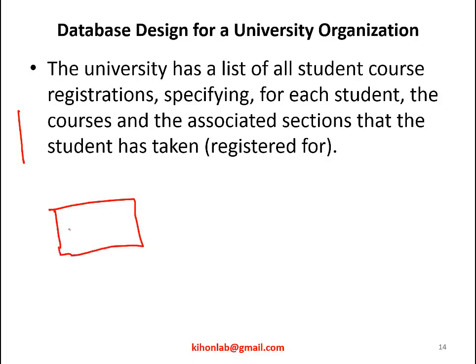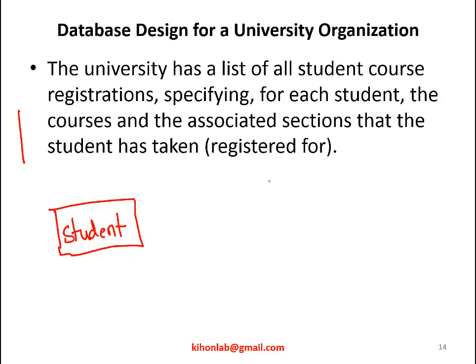Student is an entity. List of all student course registration, specifying for each student. So here the student registration will come from this student entity, and the courses and the associated sections that the student has taken.